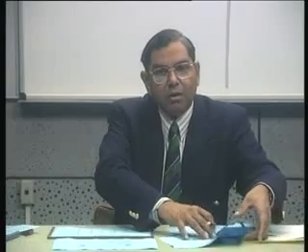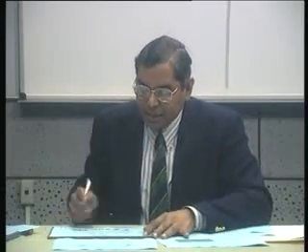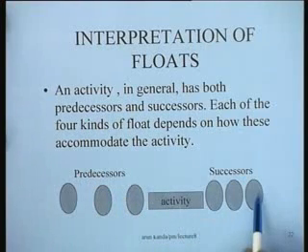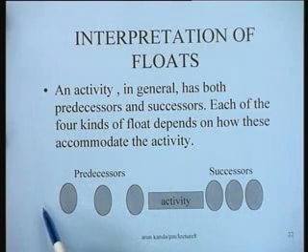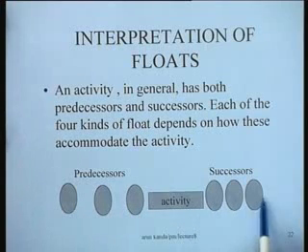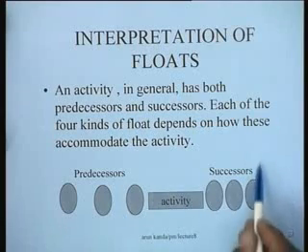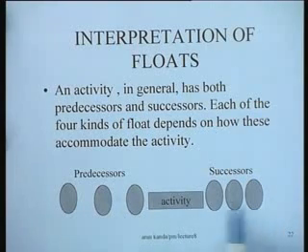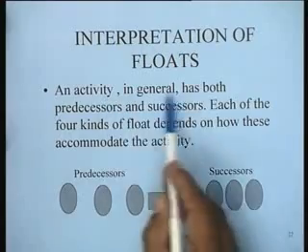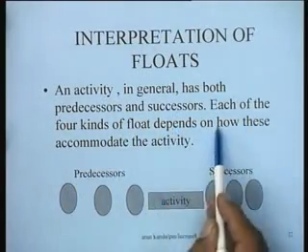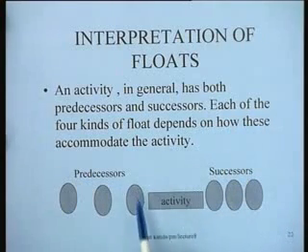Let us now talk about some of the interpretations of these floats. The important thing to note is that an activity in general has both predecessors and successors. So it's like a queue of people, some before it, some after it, and the activity is to be done in between. Each of the 4 kinds of floats depends upon how these accommodate the activity.